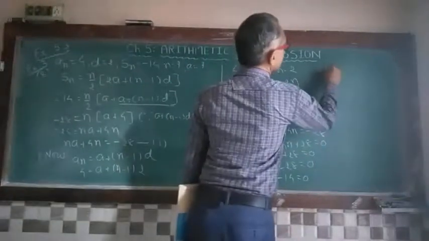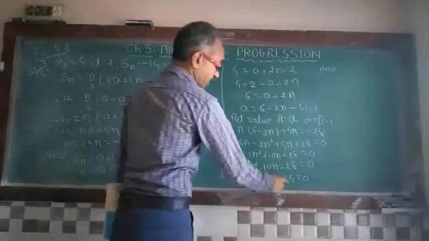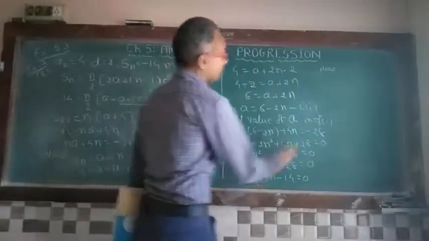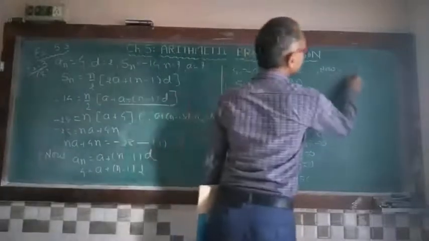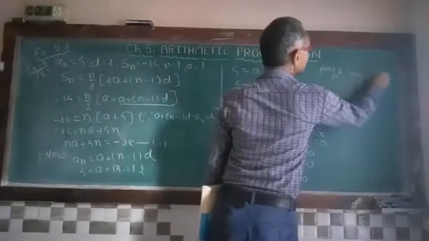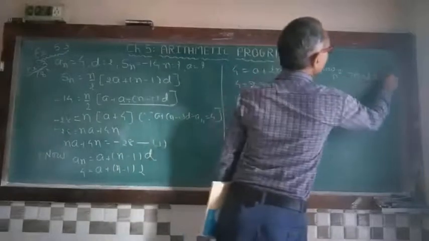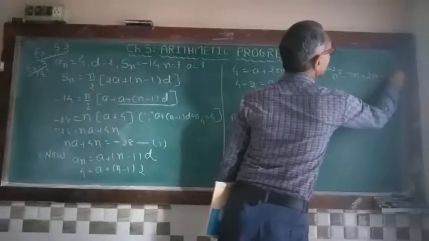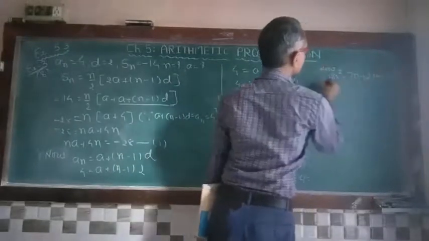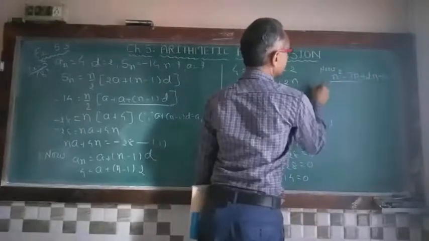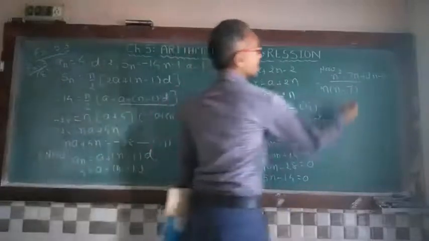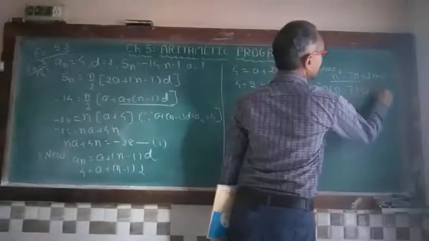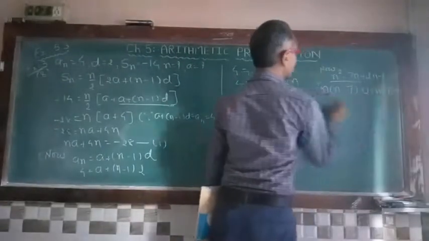Now split 14, so we can get 5. So here n square minus 7n plus 2n minus 14 is equal to 0. That means common out n, n(n minus 7) plus 2(n minus 7) is equal to 0.